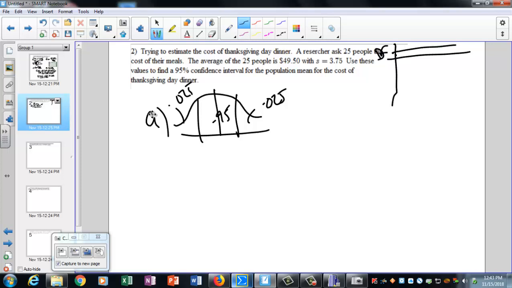Across the top there's 2 pieces. Remember, we're not doing the area in 2 tails. We're only doing the area in 1 tail. That says 1. And so we're going down to 0.025 in 1 tail. Find that column.